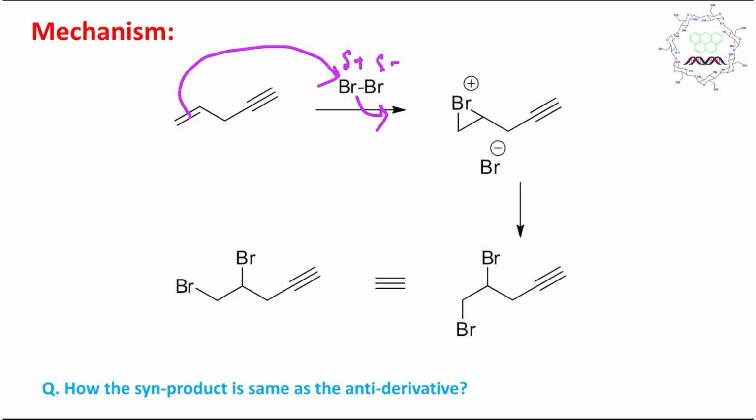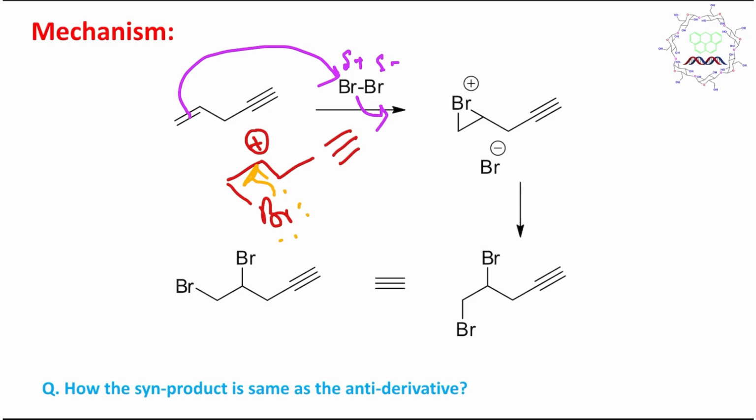So after first step, you can consider that this is the bromine and here the positive charge. Obviously this bromine has 3 lone pairs of electrons, so it will attack here, and in this way this 3-member ring, or bridge bromonium cation, or bridge bromonium ion is produced.